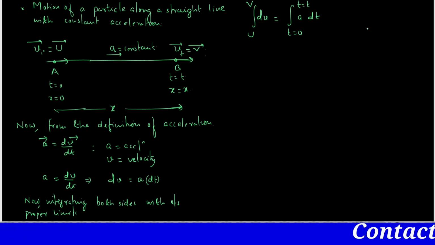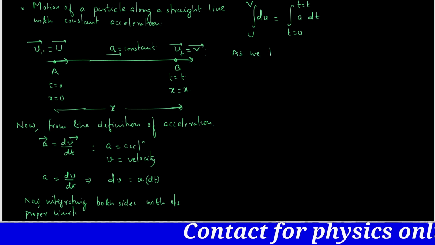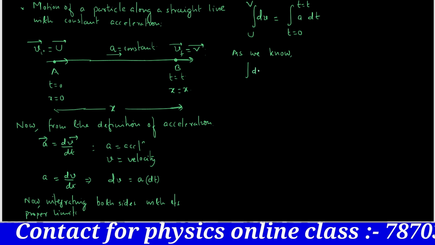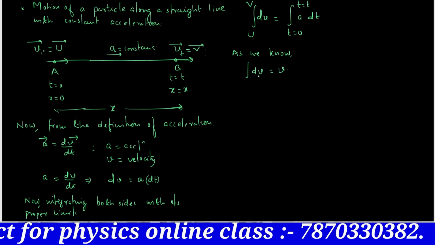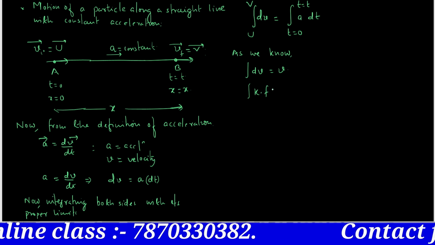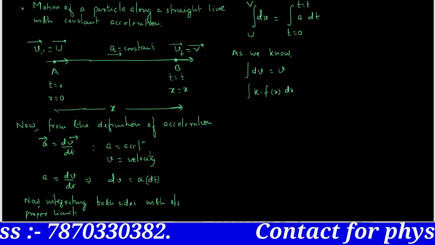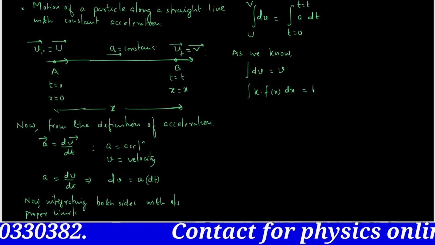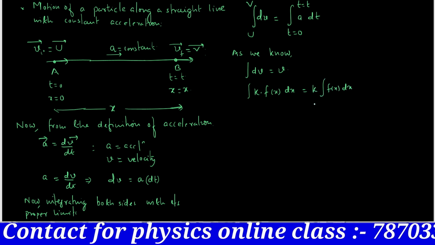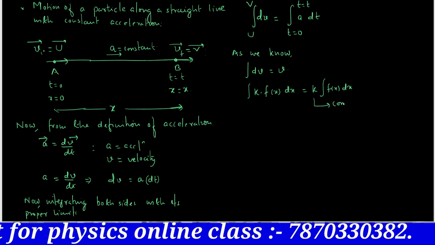Okay. And as we know, integral dv equals v, right? And integral of any constant k multiplied by a function f(x) dx equals k times integral f(x) dx, provided k is a constant.